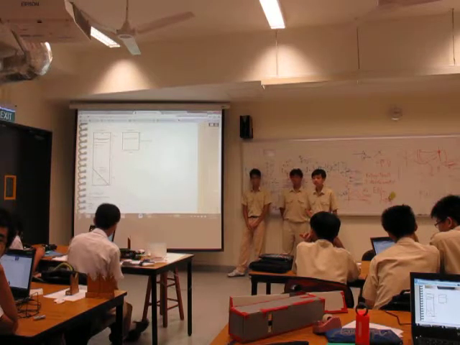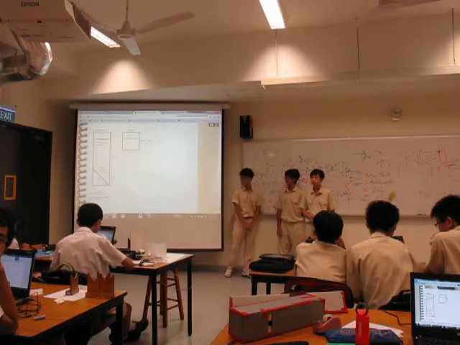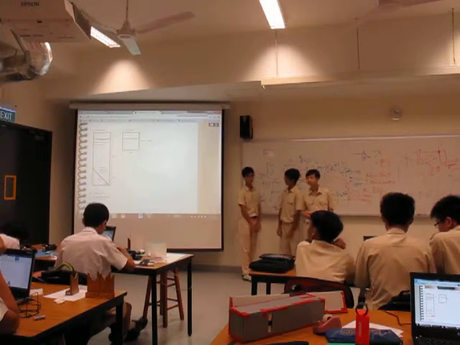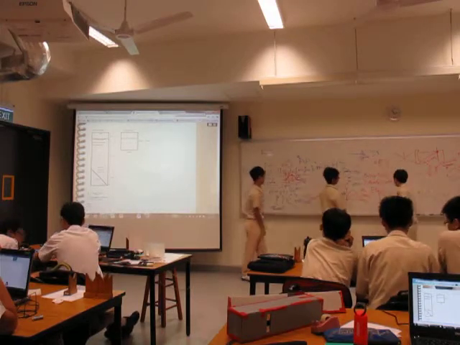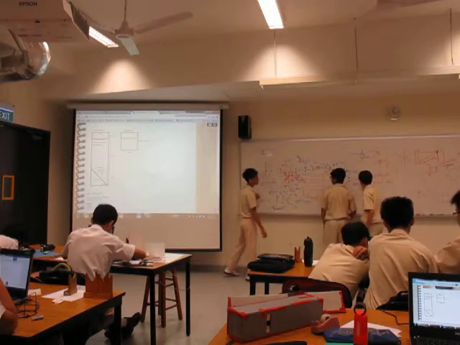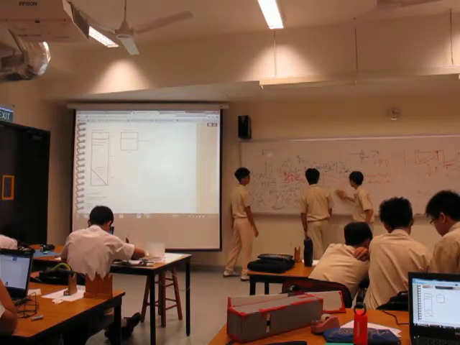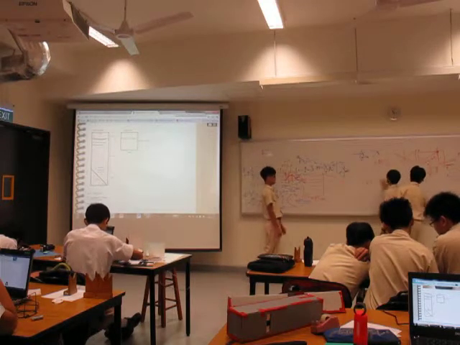There's a marker and a whiteboard. Can you draw out the relationship between D, F, and lambda? I don't know how this came about.